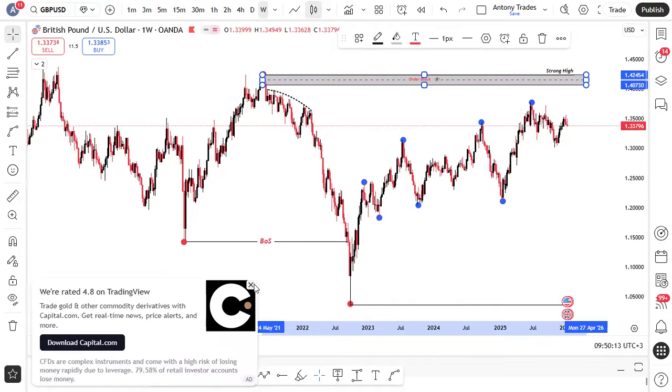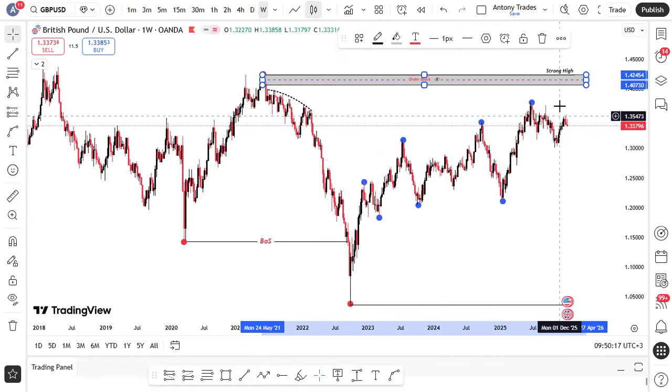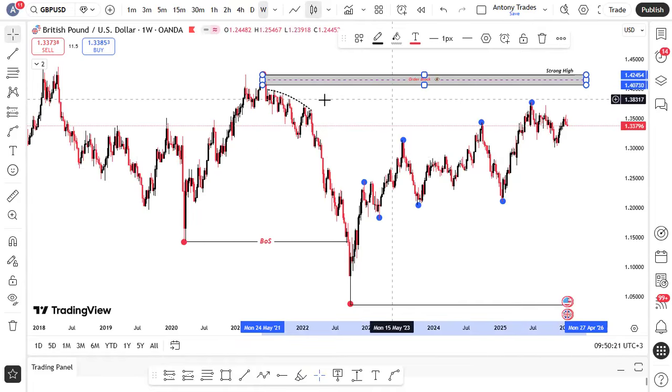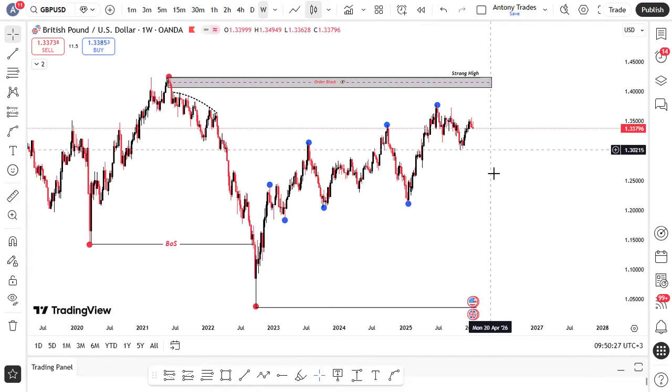But as we are expecting the market to come and take out this liquidity, that means we have a little bit of a bias for the market to come and take out this liquidity, because the internal structure is telling us that we are bullish.